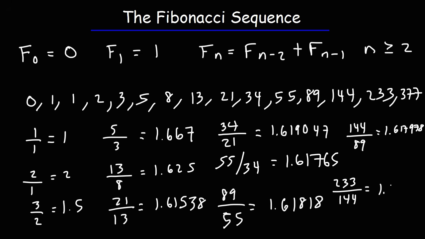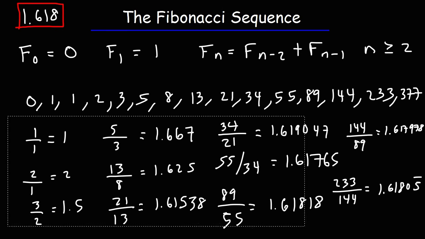This is 1.61805 repeated. So the golden ratio is approximately 1.618. That's not the exact answer, but it rounds to that value. So let's think about what this means.